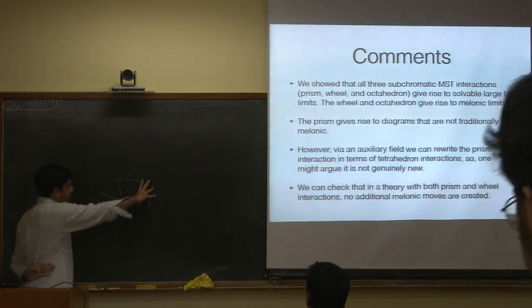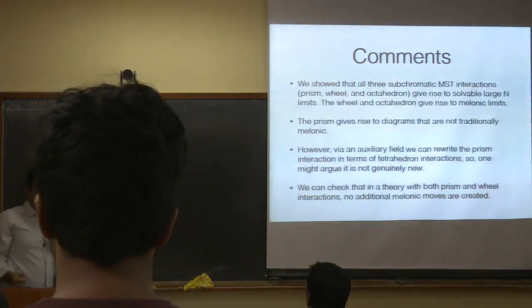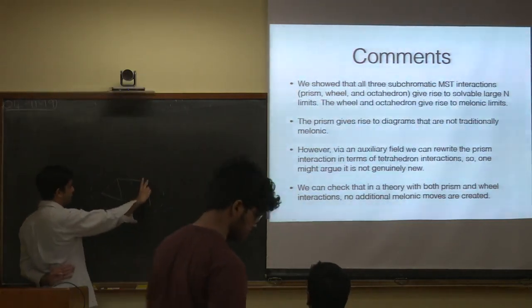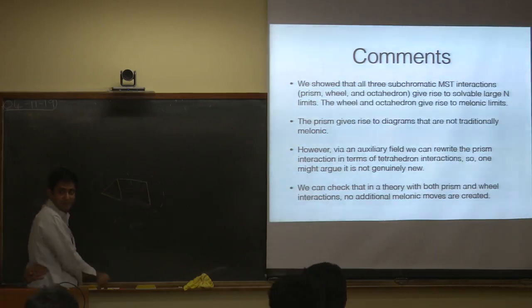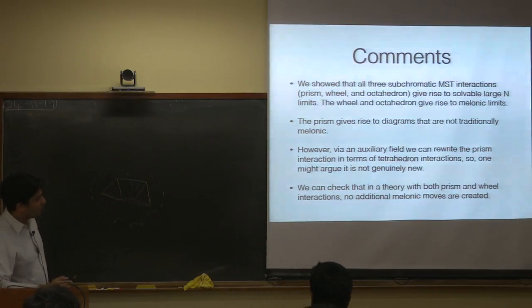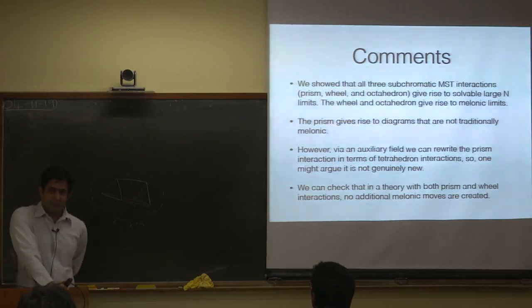If you just glue this into a single field, it now turns into a tetrahedron. So if you collapse all these into a new field with 3 lines, then that's a tetrahedron. So it can be reduced to a tetrahedron, but with 2 fields, and then you sum the diagrams.